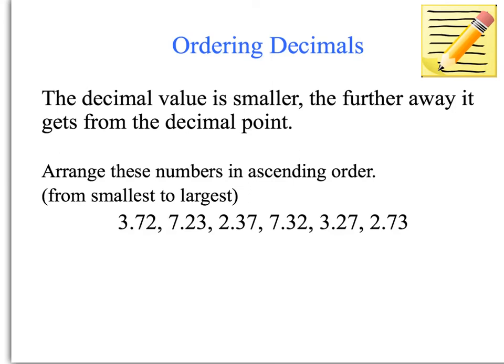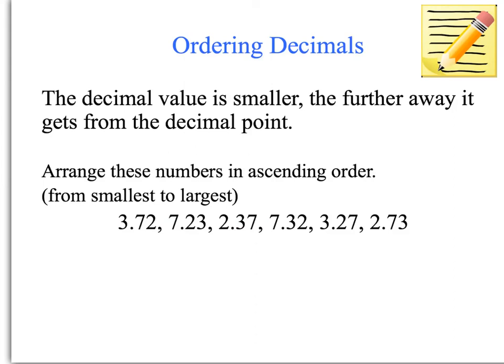So we need to look at the first number in the decimal here. After, of course, we look at the whole number, because the whole number indicates how big the number is, and then we start going from the decimal place along to work it out.